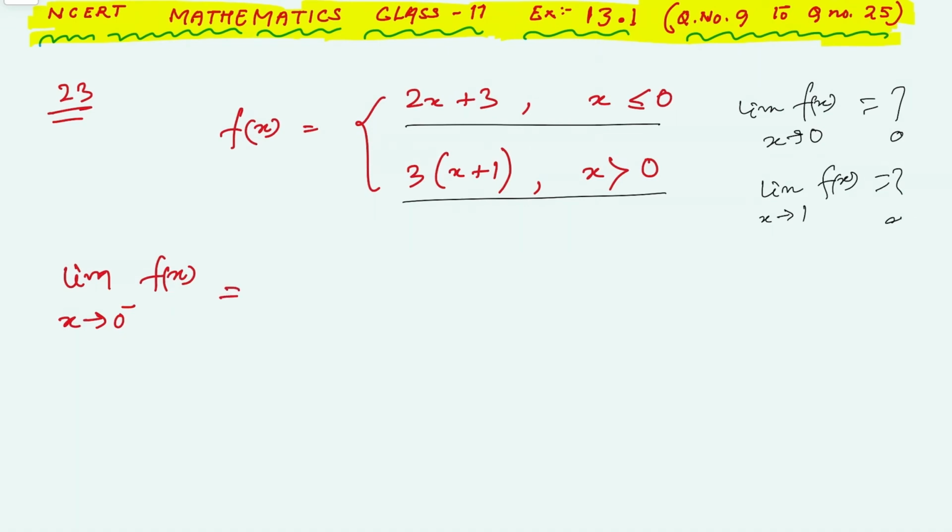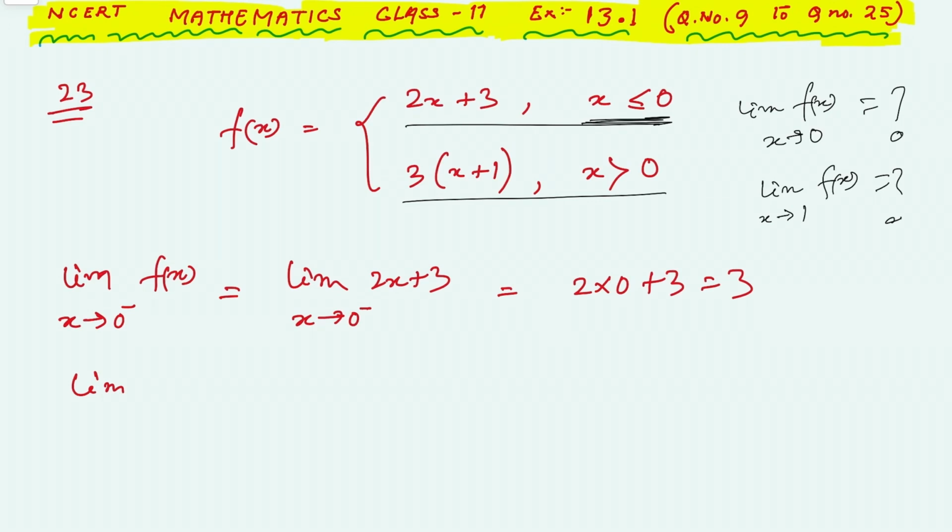For x less than 0, the result is limit of twice x plus 3, where x tends to 0 negative. This is the left hand limit. If you put 0 here, you will get 2 into 0 plus 3, that's going to be 3. And let us evaluate the right hand limit, x tends to 0 positive, of f of x.